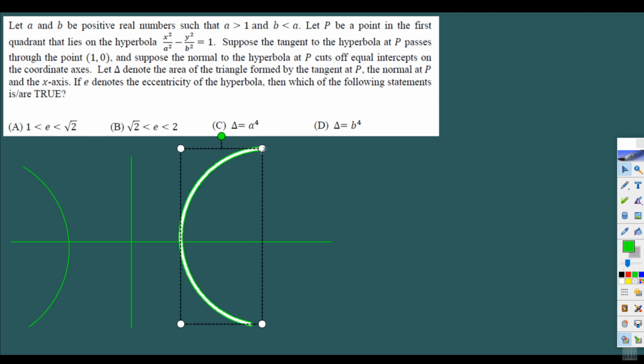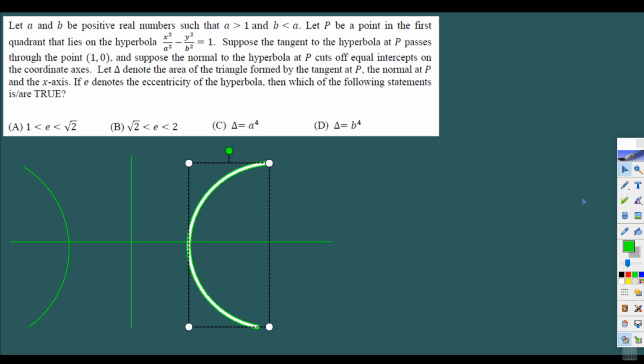And if I look at it this way, they say that the tangent at any point P in the first quadrant passes through the point (1, 0). So if I take this point as P, the tangent passes through the point (1, 0). I don't even need the parametric coordinates because it's more about the area.